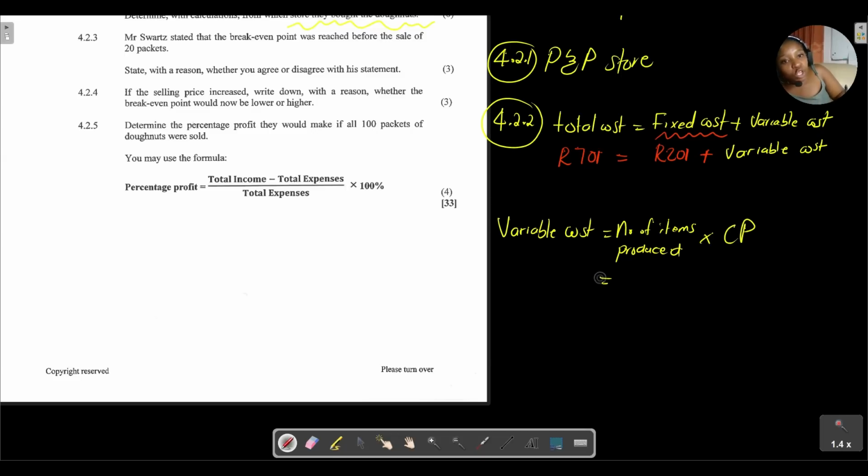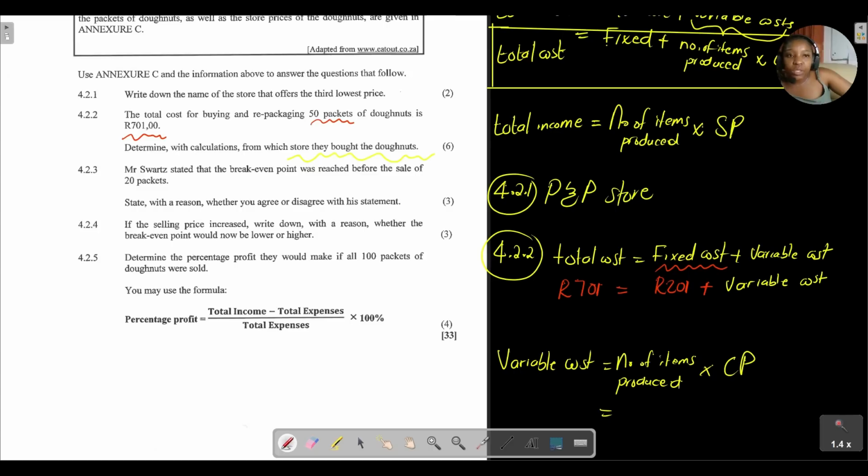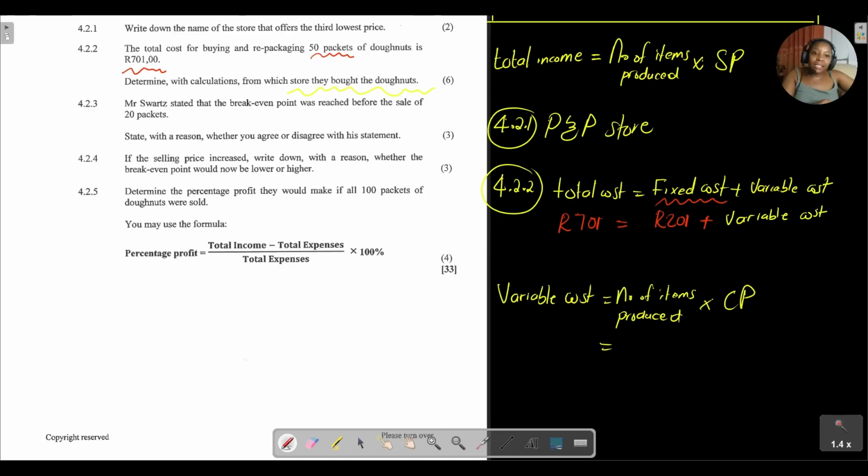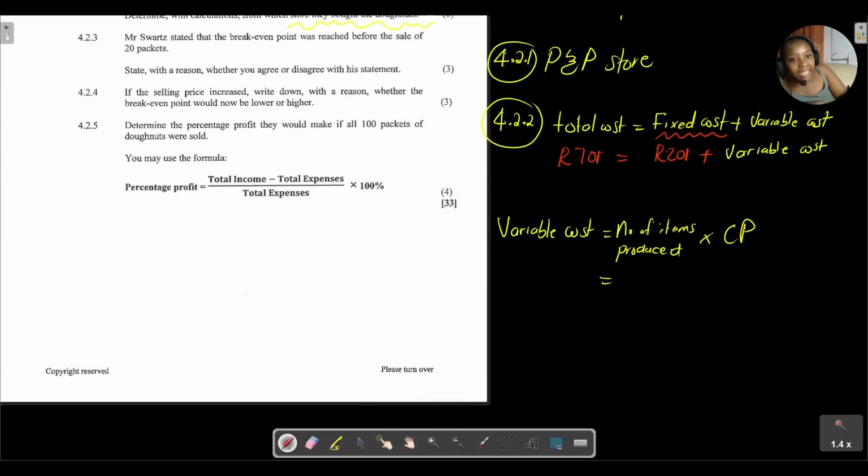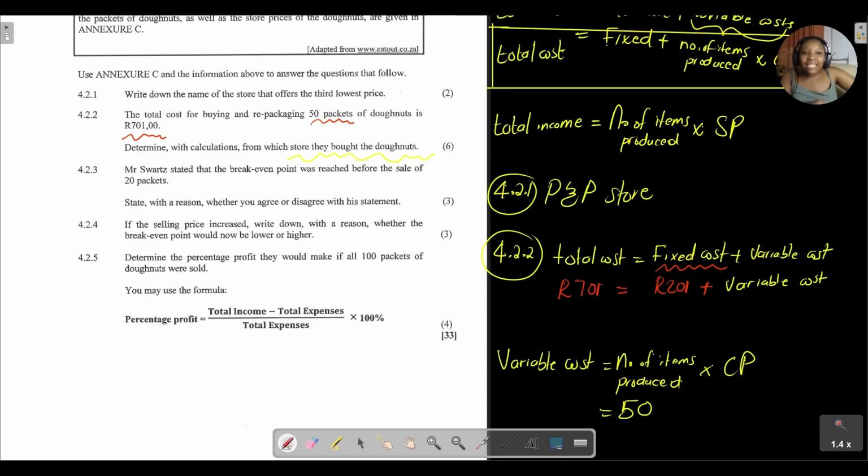So now we want to determine how many donuts were produced. They're asking us for the total cost for buying and repackaging 50 packets of donuts. So to get the number of items that were produced, we're going to take 50 packets of donuts. But remember, we were told that each packet has 4 donuts.